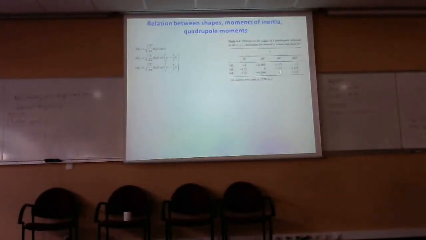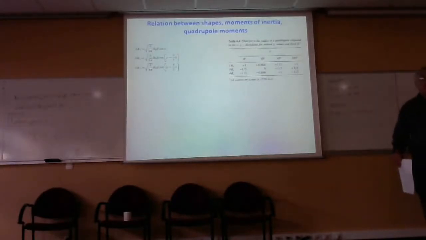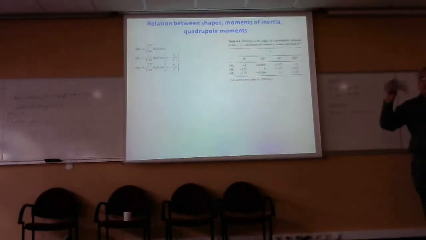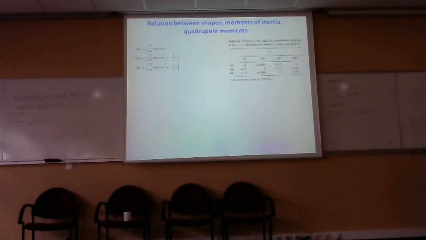If you go to 60 degrees, RZ and RX are equal and positive, and RY is the opposite sign. So an oblate nucleus. This is a prolate nucleus. An oblate nucleus is shaped like a disc, like a frisbee. If you think about getting from a sphere to a frisbee, you have to elongate it in two directions and squeeze it in one.